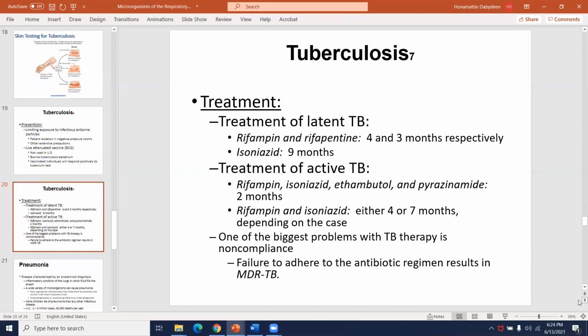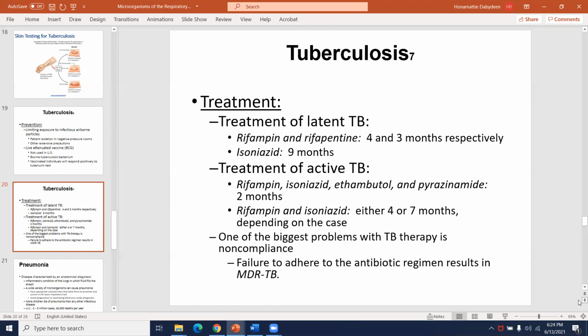Now, the treatment for tuberculosis, it is very difficult to treat TB. Active TB is usually treated in two phases. Phase one, you use rifampin, INH, isoniazid, we call that INH, ethambutol, and pyrazinamide.